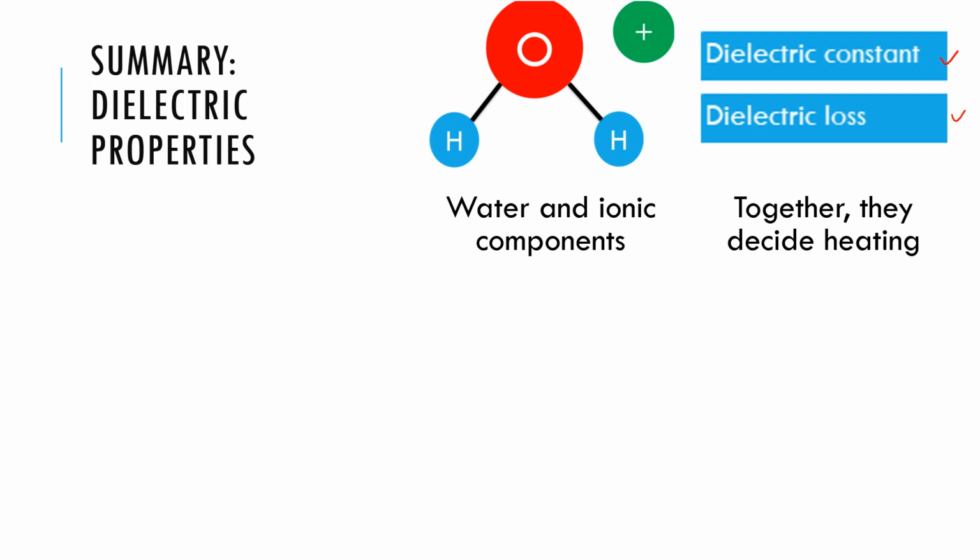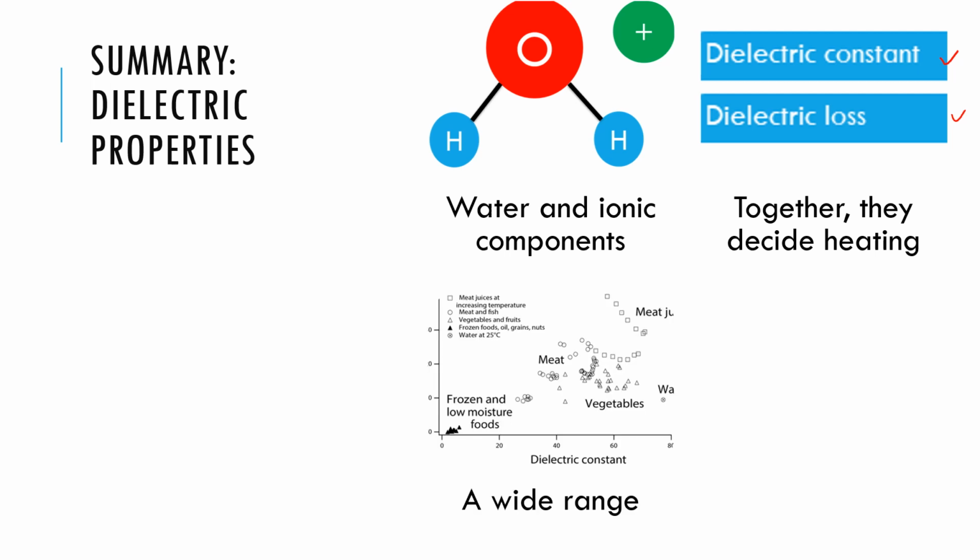But even together, they are not the only determining factor. These properties are not the only determining factor of how a material would heat in the microwave oven. The properties of food cover a wide range from very low value to very high values.